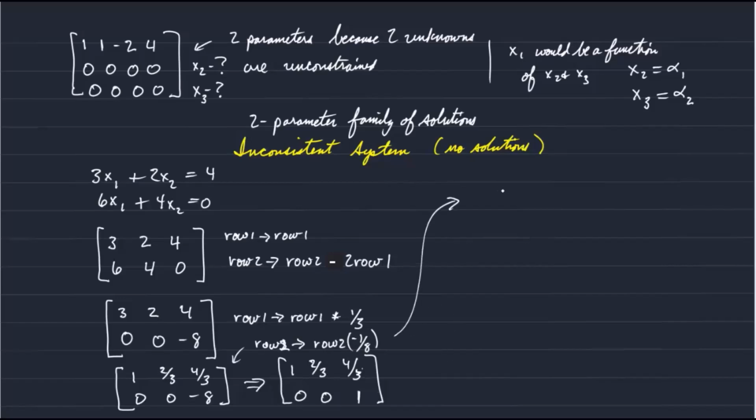And the equations that we get are x1 plus 2/3 x2 is equal to 4/3. And the bottom equation tells us that 0 plus 0 is equal to 1. And this is not true.